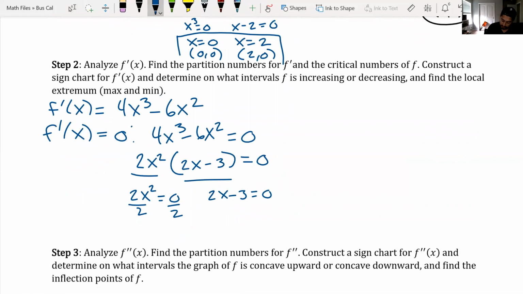You get x squared equals 0, which just gives me x equals 0. Here, 2x equals 3, x equals 3 halves, or better, 1.5.